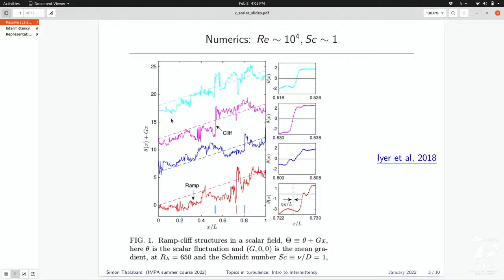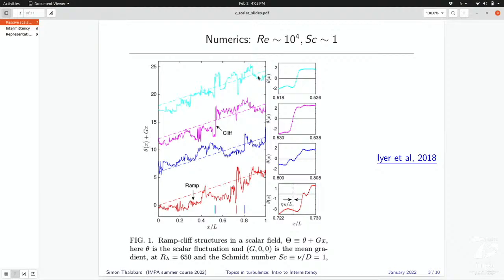Those are cuts of the scalar, where, forgetting about the slope, which relates to forcing, the simulation is done by using numerics.